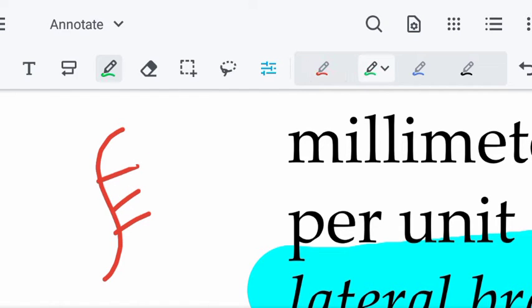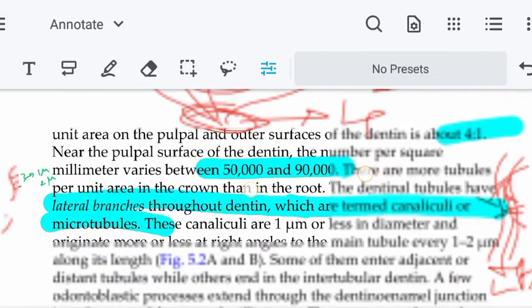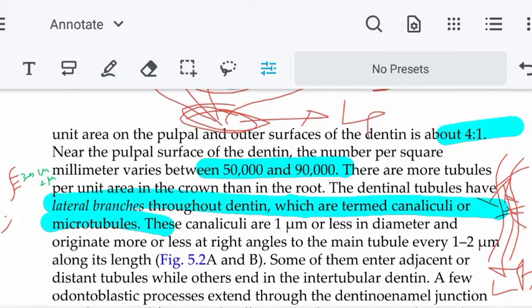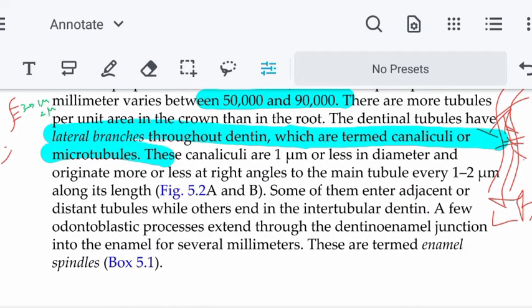Between these lateral branches, this space is 1 or 2 micrometers. At each length of 1 or 2 micrometers, one lateral branch is present. These are canaliculi or microtubules. They originate at right angles to the main tubule, every 1 to 2 micrometers along its length. Some of them enter adjacent or distant tubules while others end in the intertubular dentine.